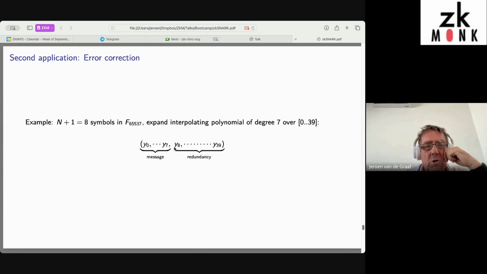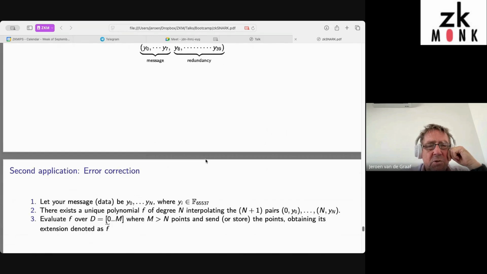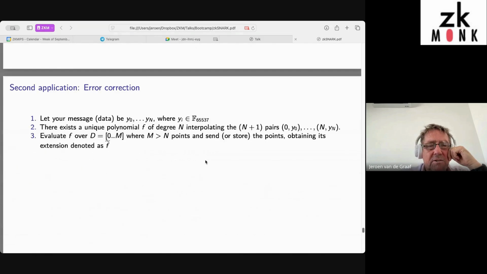I'm going to expand it using a polynomial, by interpolating the polynomial of degree 7 over the whole interval. That is what I'm going to do in this example. We use this as a way to correct errors, because now the idea is the following.